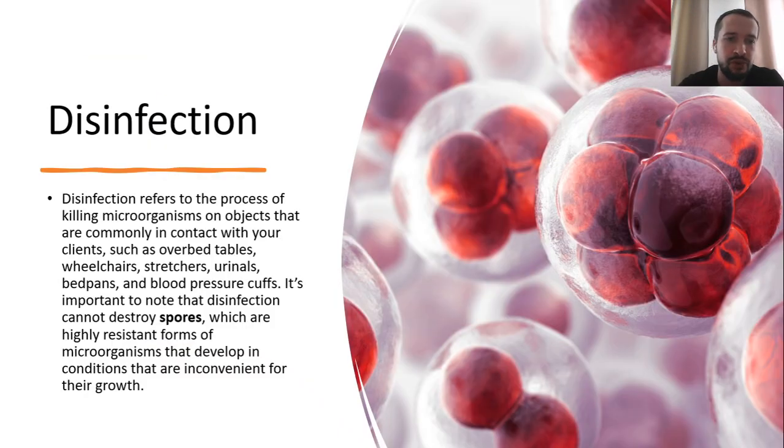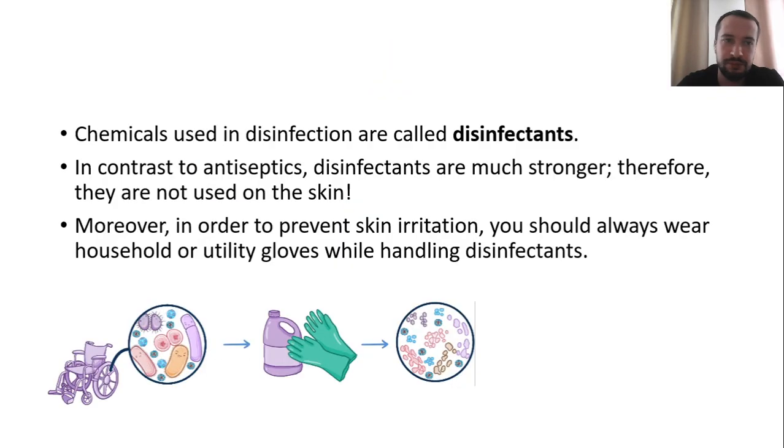Disinfection refers to the process of killing microorganisms on objects that are commonly in contact with your clients, such as overbed tables, wheelchairs, stretchers, urinals, bedpans, and blood pressure cuffs. It's important to note that disinfection cannot destroy spores, which are highly resistant forms of microorganisms that develop in conditions that are inconvenient for their growth.